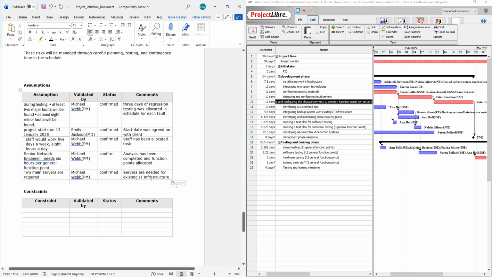Servers are needed for existing infrastructure because you need the two main servers. Without those two main servers, you cannot develop the infrastructure that you want, right? So that's confirmation. Servers are needed for the existing infrastructure. All right.